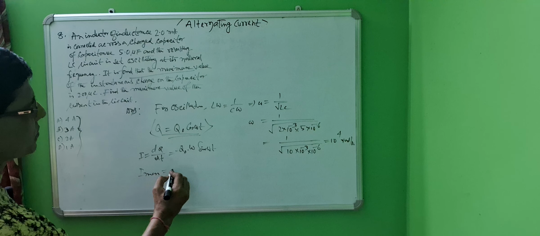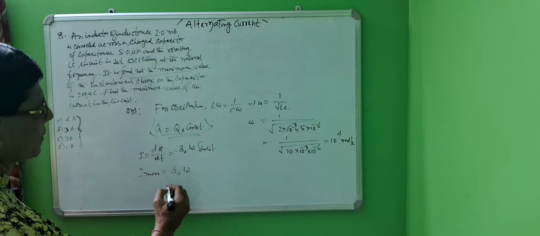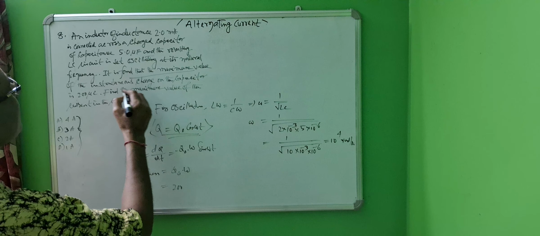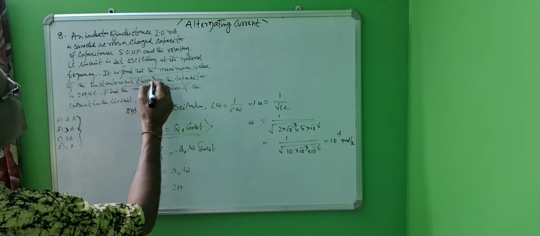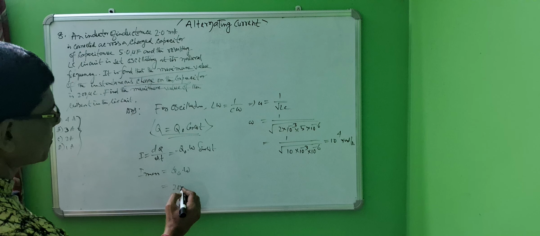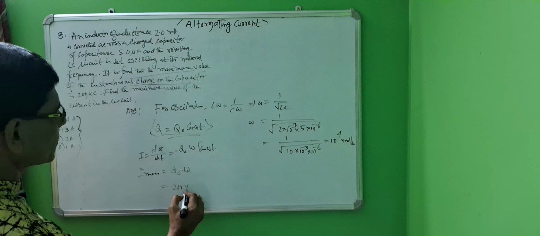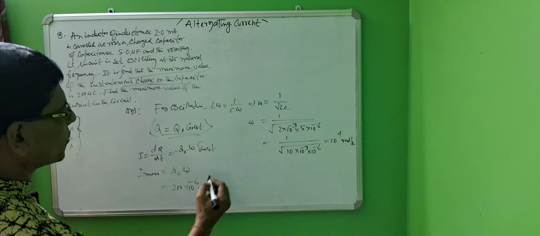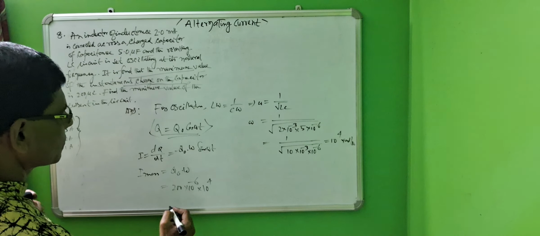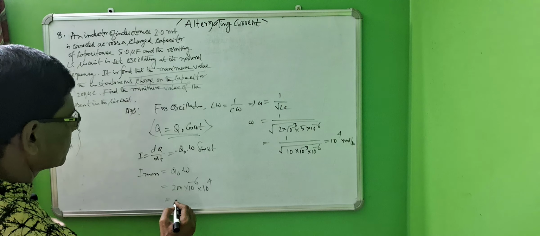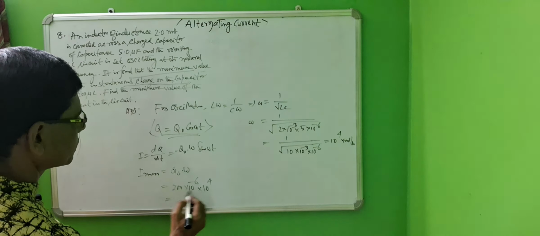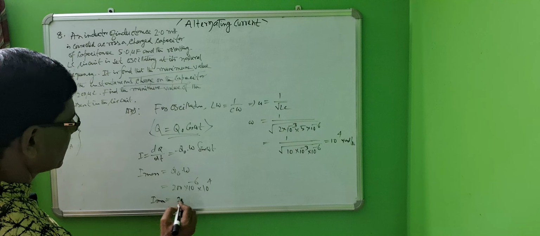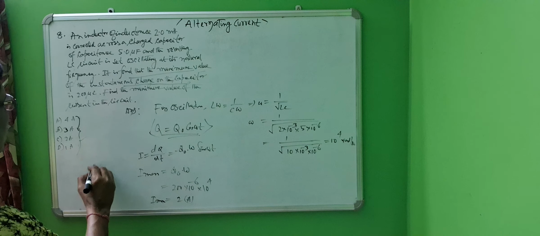So I max equals q0 into omega. q0 is given as 200 microcoulomb, so 200 into 10 to the power minus 6 into omega, which is 10 to the power 4. So I max equals 2 ampere. So answer C.